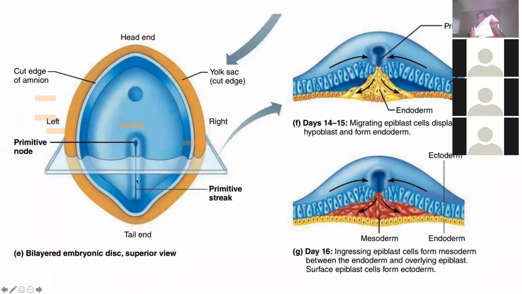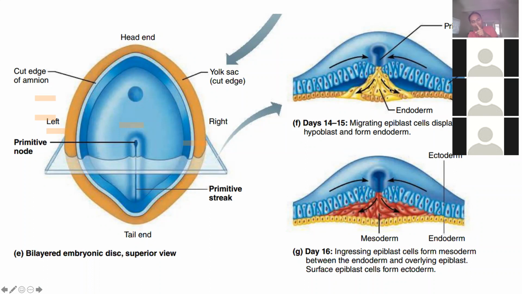So by this peripheral pushing of the cells towards the center, we have a little infolding, which is called the primitive streak, and at the head end it is called the primitive node.